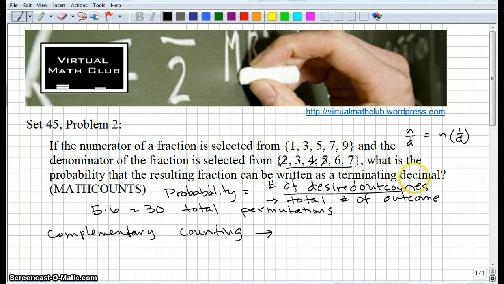The sum of the ones that terminate and the ones that don't terminate are going to be the total permutations. So if we're looking for the ones that give us a terminating decimal, let's count instead the ones that give us a repeating decimal.